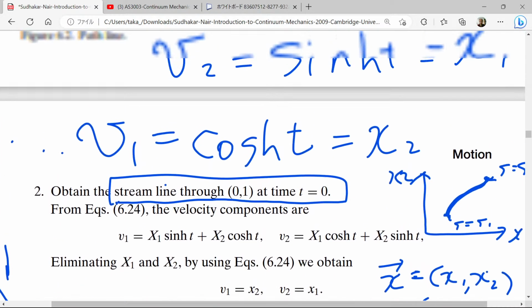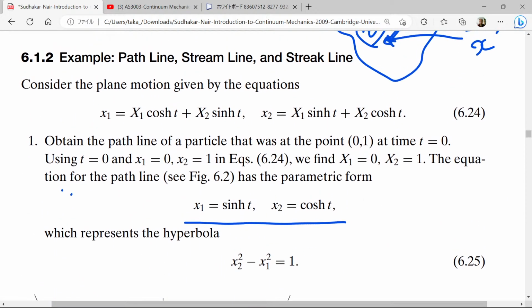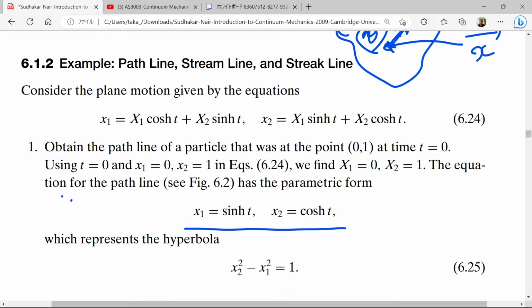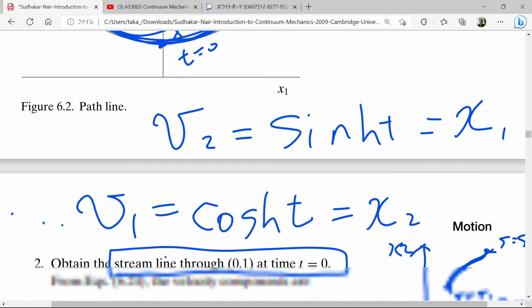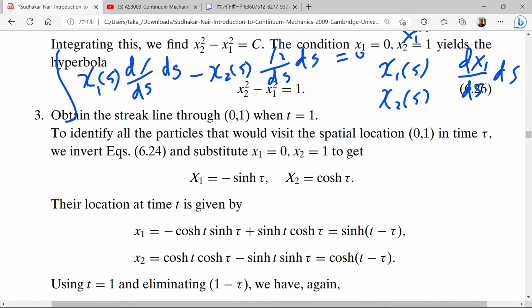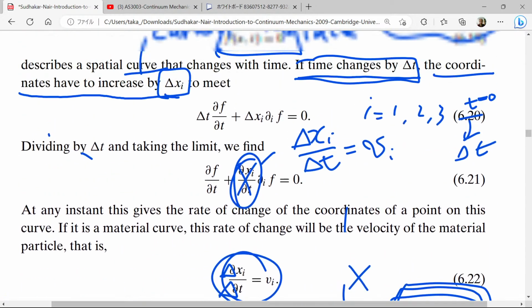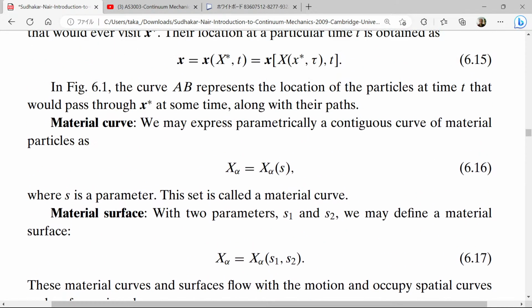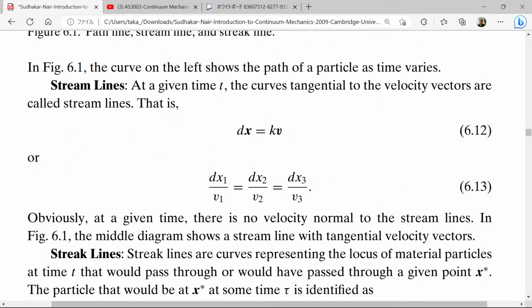How do you invert it? I'm sorry, I don't remember the exact meaning of streak line.